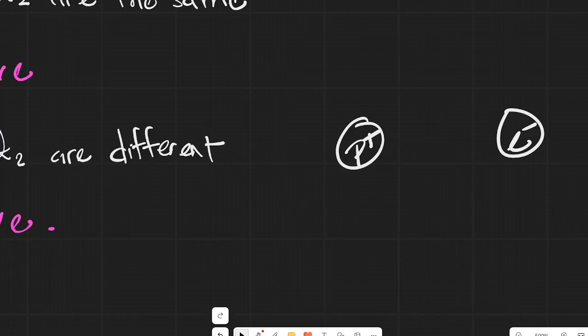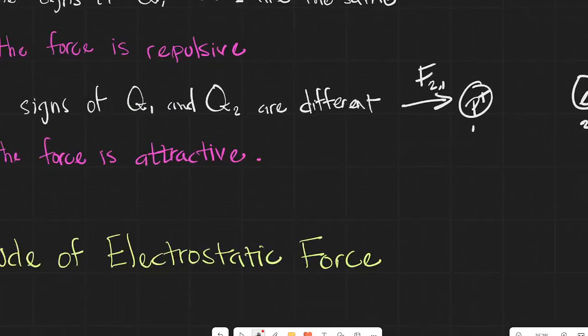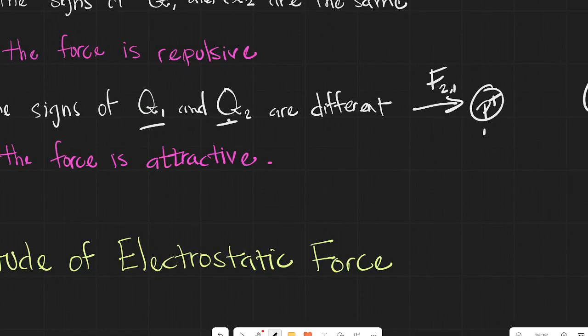The force here is going to be, so if this is 1 and this is 2, the force from 2 on 1 is going to be in this direction. So the force is going to go to the right. And then the force of 1 on 2 is going to pull it to the left. So they're attracted. The force is attractive when the signs of Q1 and Q2 are opposite.